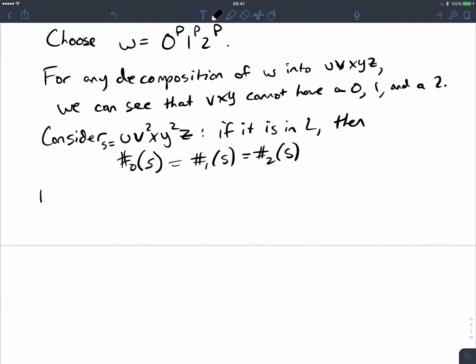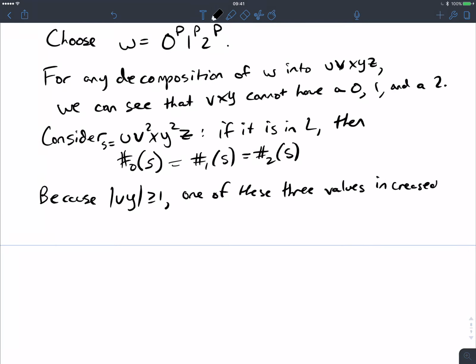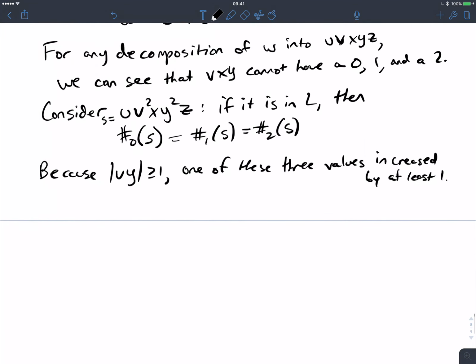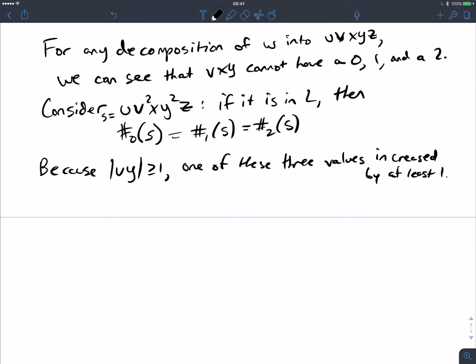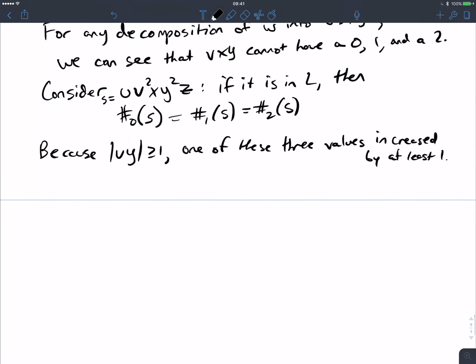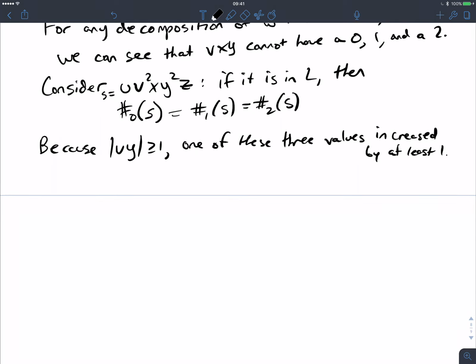Because VY has length at least 1, one of these three values increased by at least 1. That's the only way that could have happened. But if it's in L, all three values must be exactly the same.